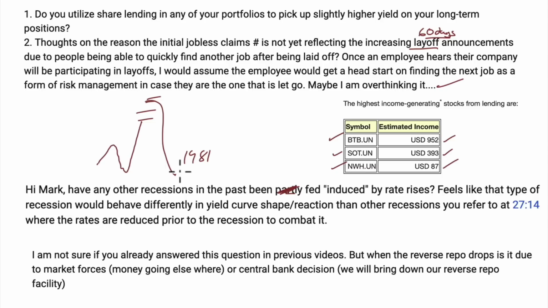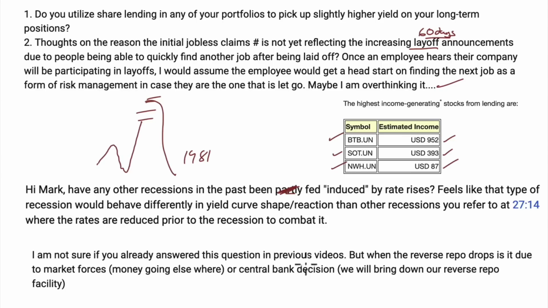So when we think about the cause, there's proximate cause, or you think about how proximate the cause is. In 1981, it was the cause, period, is to beat inflation. Volcker was absolutely willing to put the economy into a recession. Kind of sounds like the guys we have now, right? Based on what they were saying, they're absolutely willing to put the economy in a recession to get inflation out of the system.